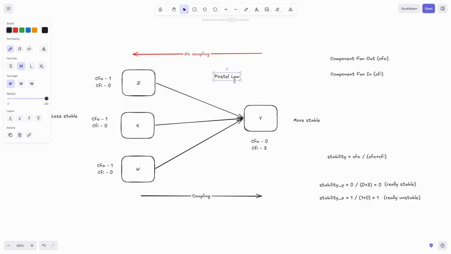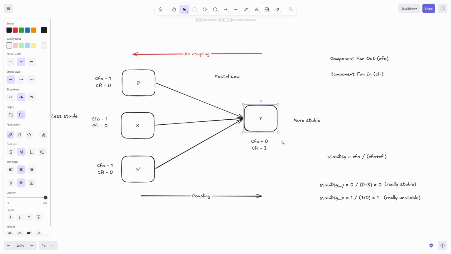I don't remember exactly in which context this law showed up, but again, Postel's law says you should be conservative in what you do and liberal in what you accept. In this case, let's say system Y was really strict as far as API contracts and so on.